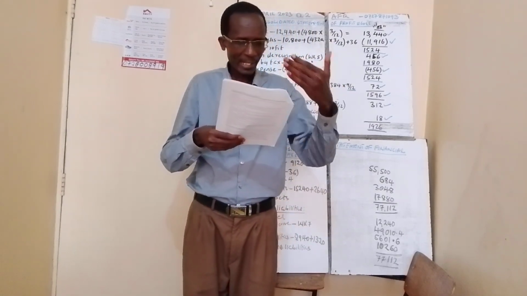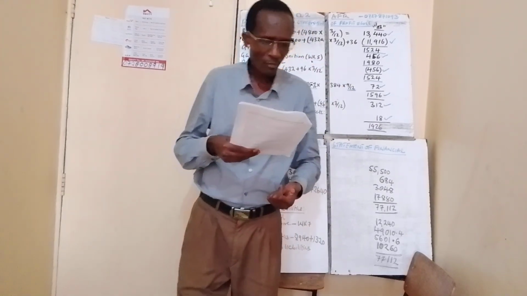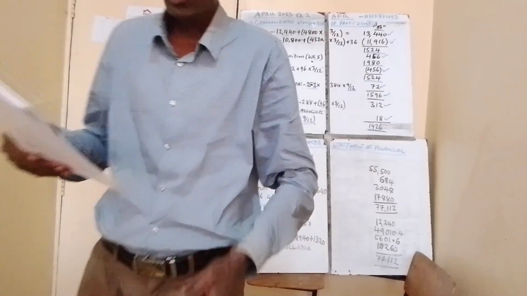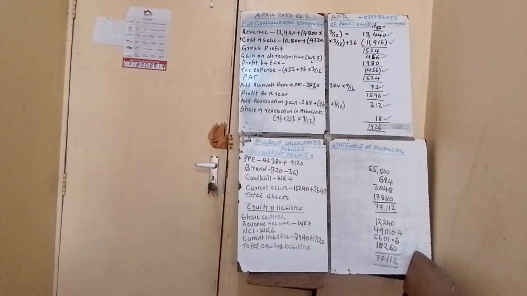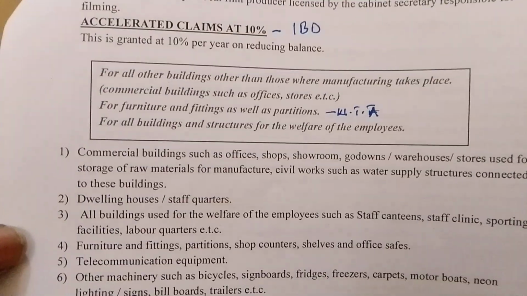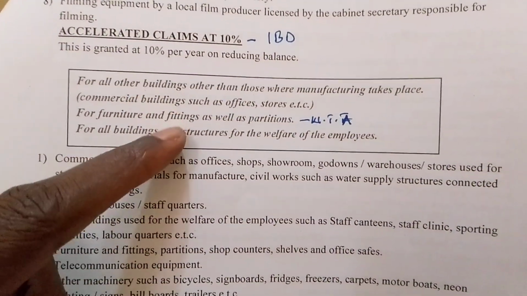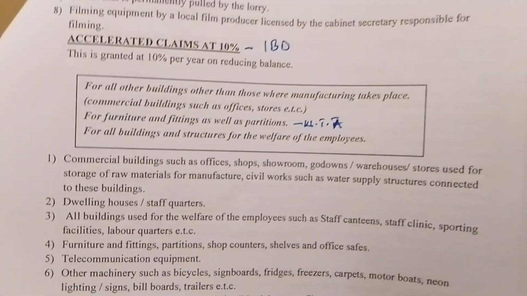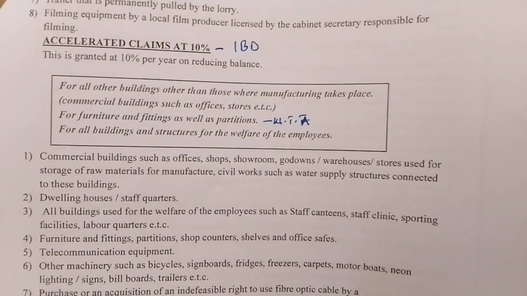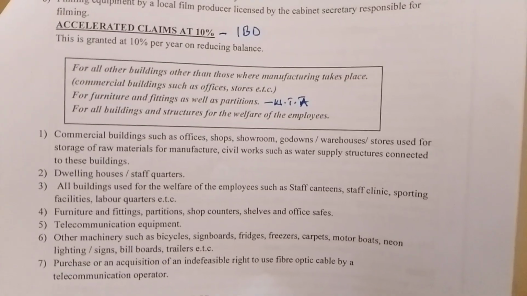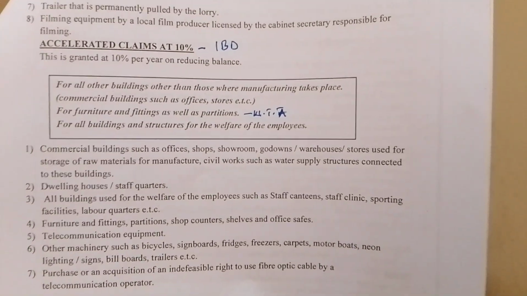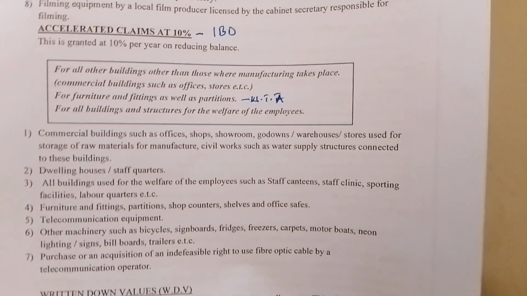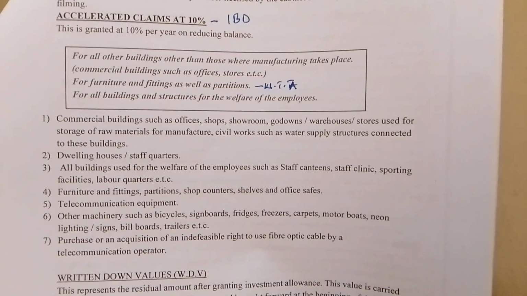So we have given a list there, quite simplified, of the items which qualify for the 10% rate. I just presented them. So read what is in my table here. This is just a very good summary of those non-current assets which will be granted 10%. And then you have maybe from 0.1 up to 0.6.